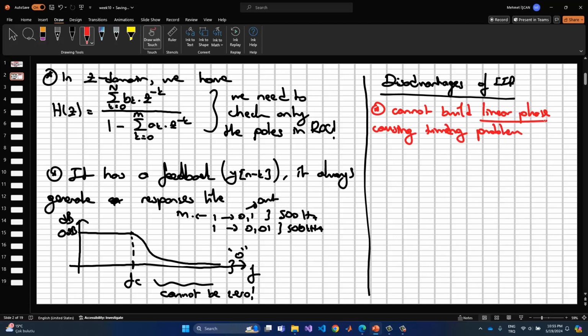Which means that if we apply the 500 hertz signal to this filter, then maybe we have minus 45 degrees of phase in here, but always we have this kind of nonlinear curve in the phase degrees.